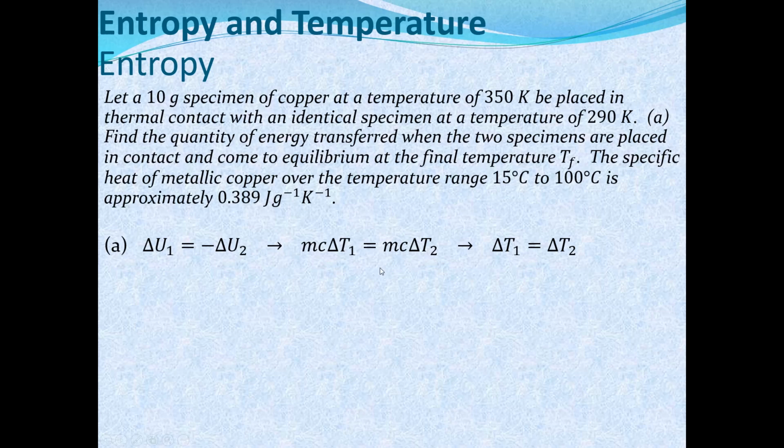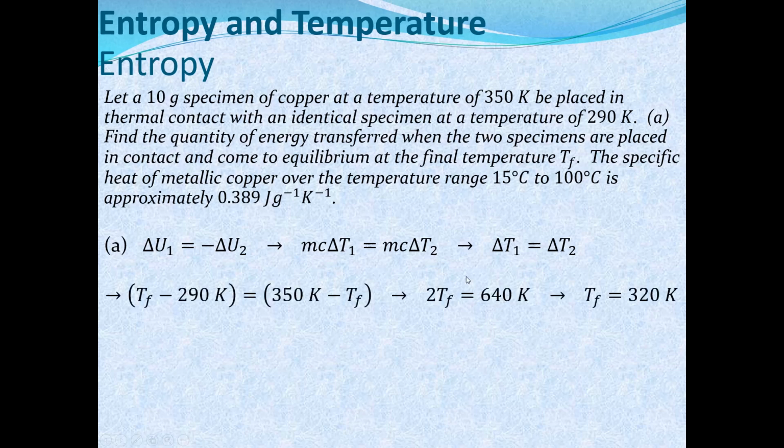That means the MCs on both sides can be dropped, and we're left with the change in temperature of one system being equal to the change in temperature of the other system. This makes it very easy to figure out the final temperature. We put that in, and we get 320 Kelvin.